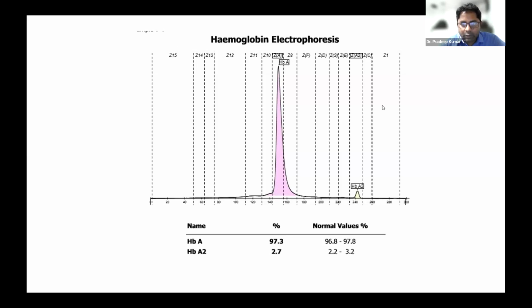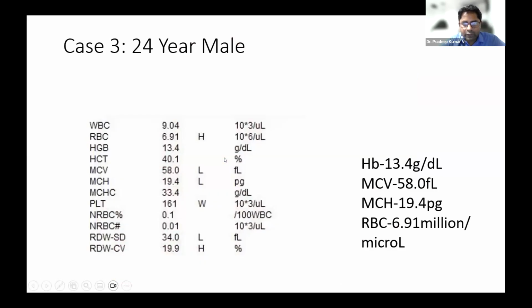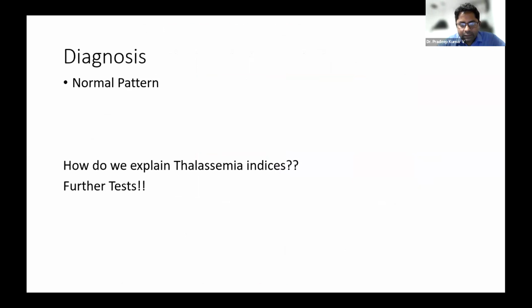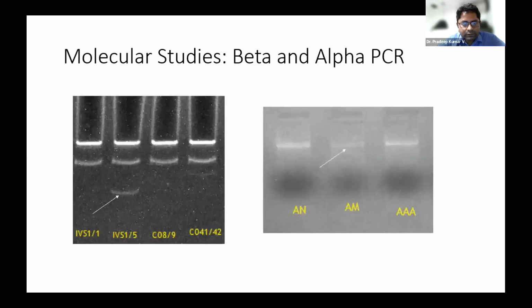This is a male patient with a hemoglobin of 13.4, which is almost normal, and the RBC count is high. That's against iron deficiency.